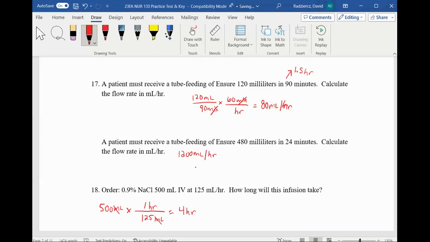In a hypothetical situation, you're setting somebody up to this tube feeding and that's how they want you to administer it. My guess is they wouldn't necessarily want you to give them 2 cups of Ensure that quickly. But now you know how to set that up. And you might be sitting there going, oh my God, 1,200 milliliters per hour, that sounds ridiculous. But remember, that's 2 cups of a drink in 24 minutes. That's actually not unrealistic.